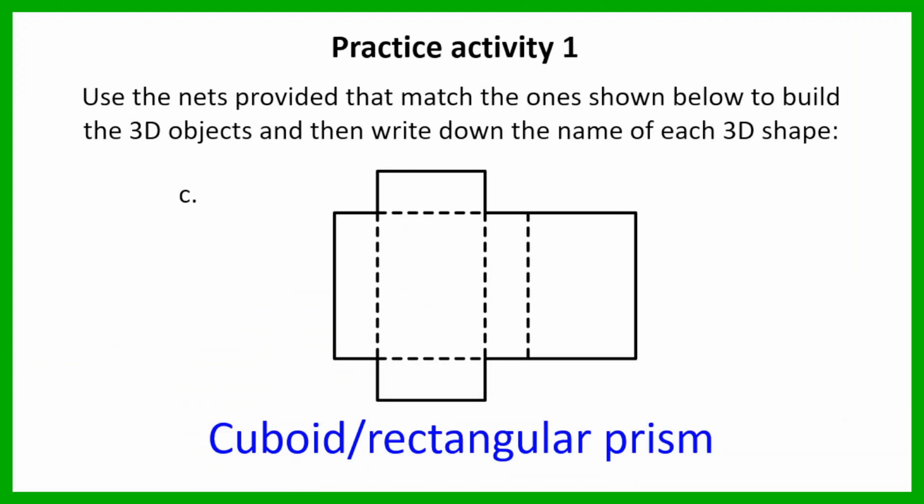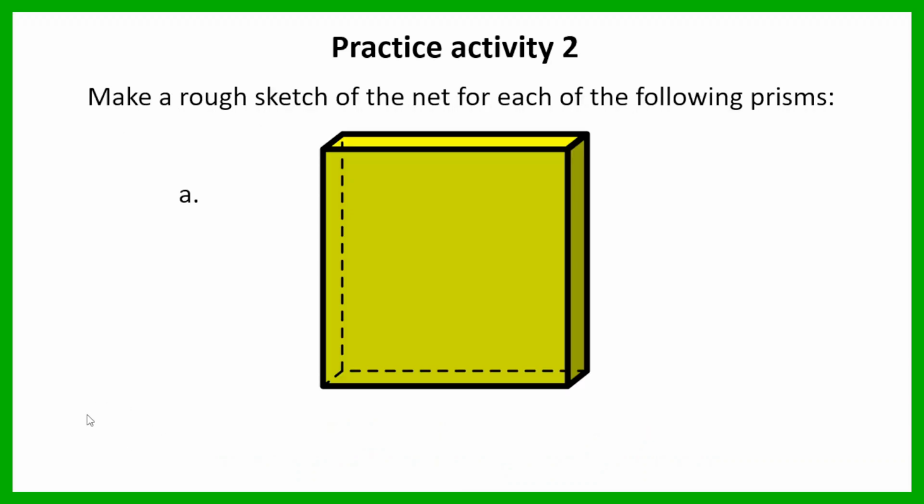Okay, now let's go on to our next activity. In this activity, we are going to be practicing drawing rough sketches of the nets for each of these prisms. The first prism we've got over here is a square-based prism.